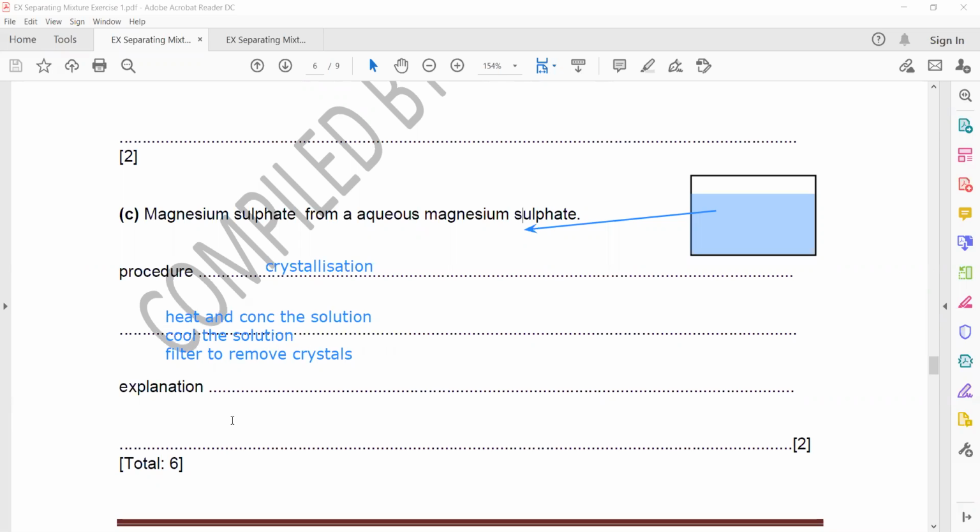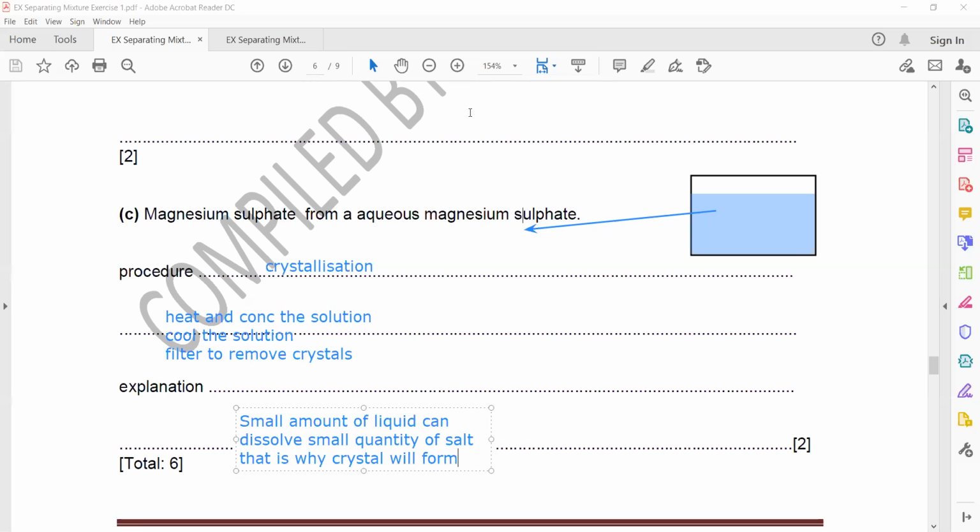Explanation means why this technique will work. Because a small amount of liquid can dissolve only a small quantity of solid. That is why crystals will form.